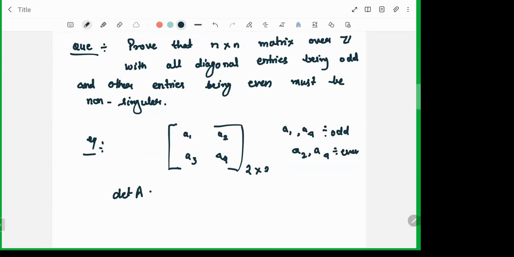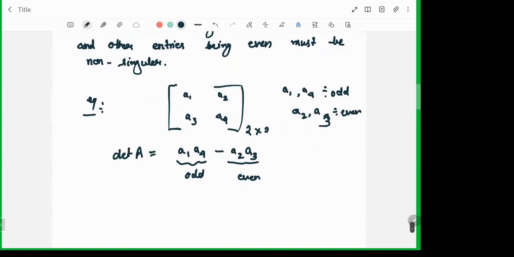The determinant is A1A4 minus A2A3. Given that A1 and A4 are odd, their product is odd, and given that A2 and A3 are even, their product is even.